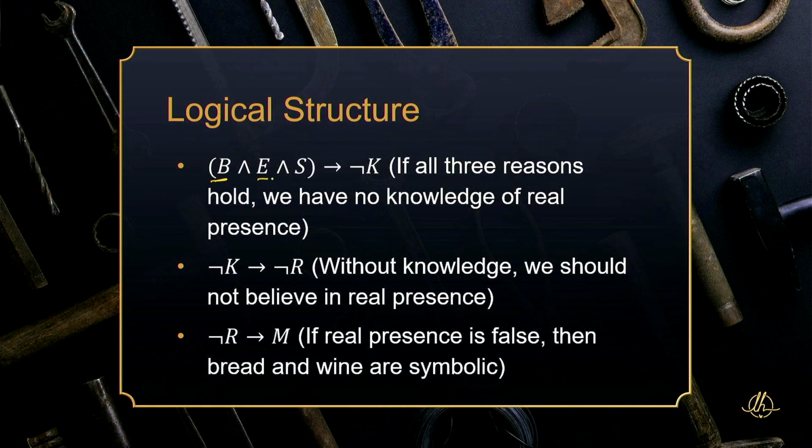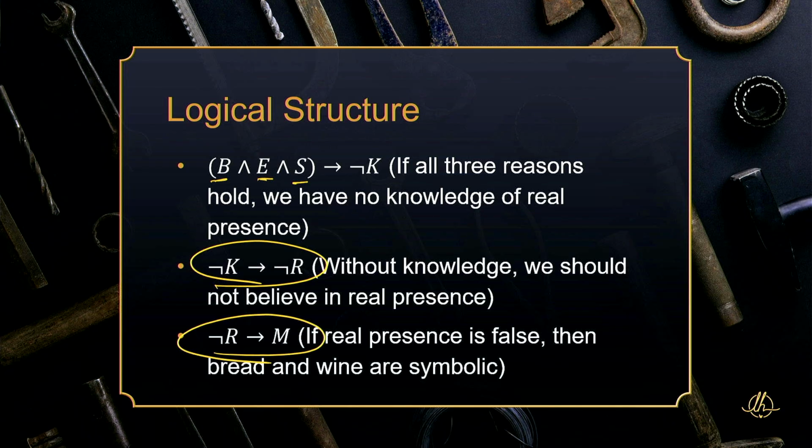So the only way we were able to get at these flaws or vulnerabilities in our argument is because we use the logical system. What the logical system showed us is that if you can disprove B or E or S, this whole thing fails. And if this is false, if not K, then not R, if you can disprove that, the whole thing fails.